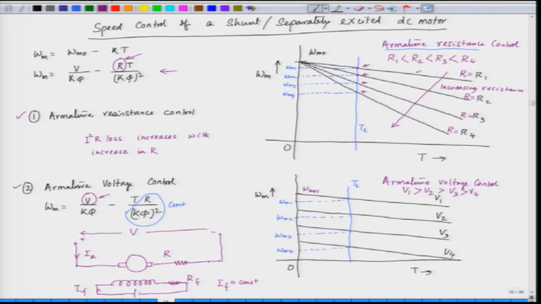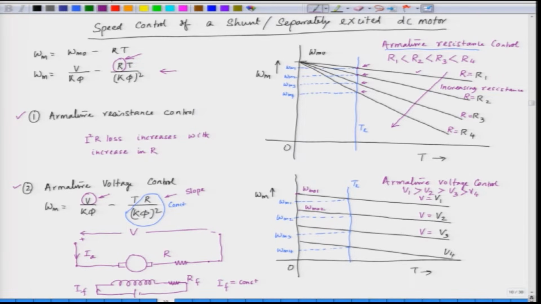So, the no load speed corresponding to V equal to V 1 is omega naught 1. Now, when we decrease the voltage V, the slope remaining the same, the no load speed changes, here it is omega m naught 2.